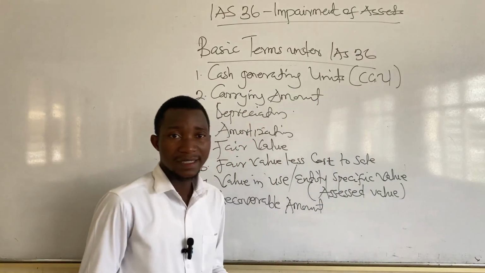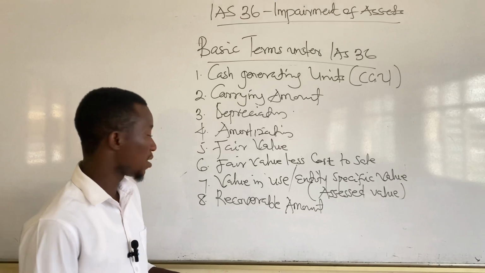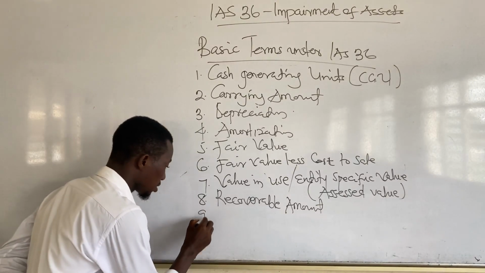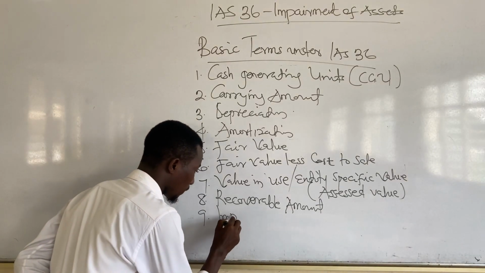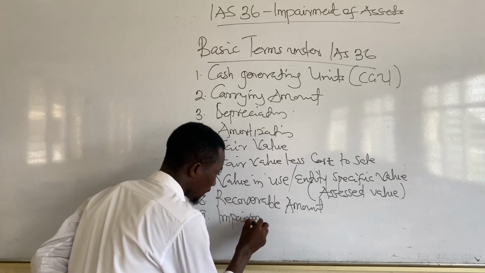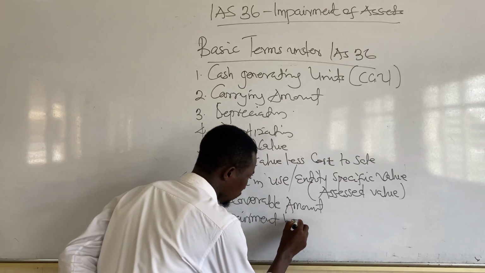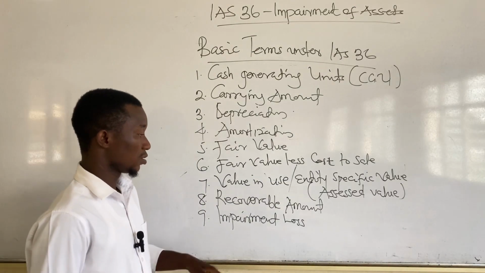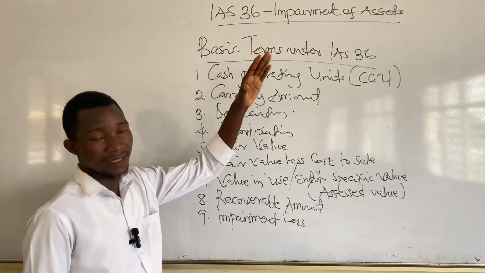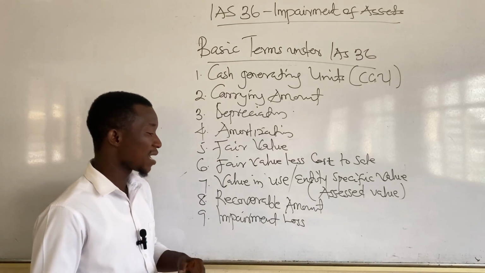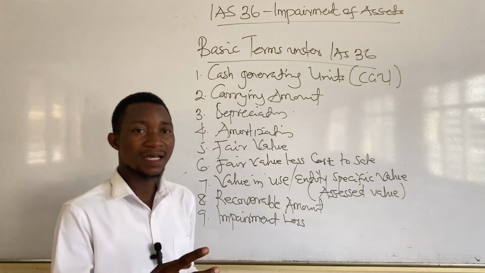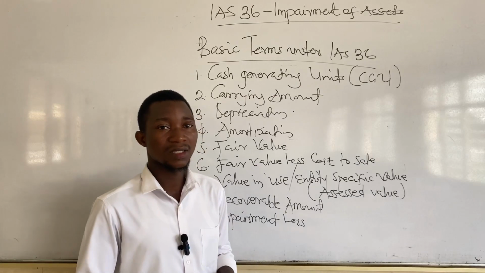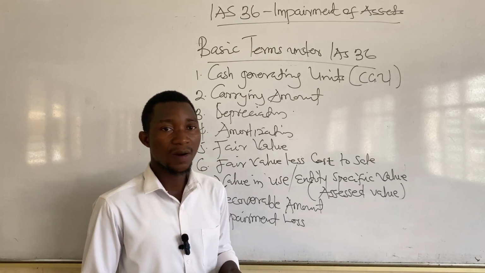The last but not the least term I would like to talk about is impairment loss. What is impairment loss? That is the topic for the day, impairment. Impairment loss has to do with the excess of the carrying amount of an asset over its recoverable amount.